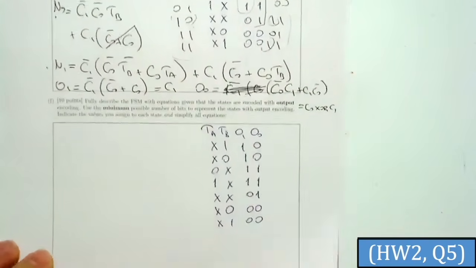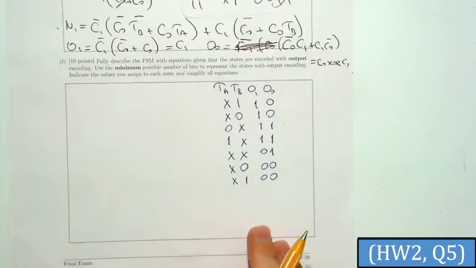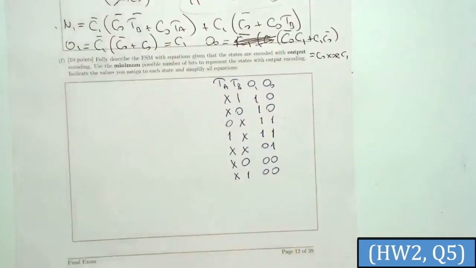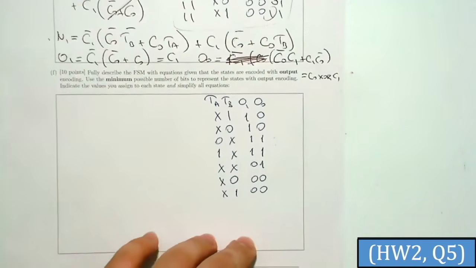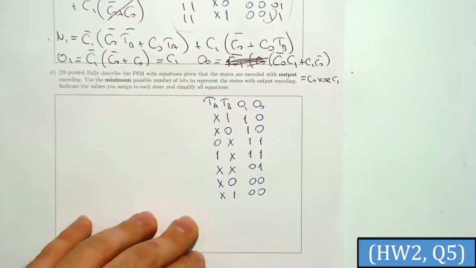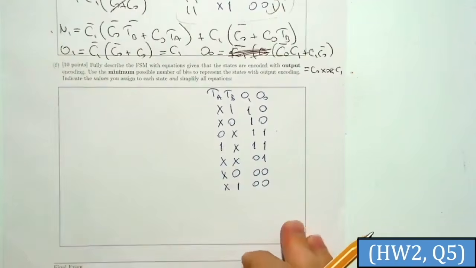Okay, so for the last one, that's tricky because it asks for the output encoding. This means that I need to make sure that the output is encoded so that the output logic circuitry will be basically minimized, right?